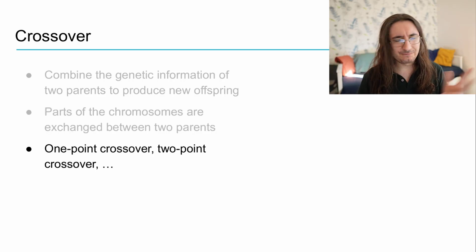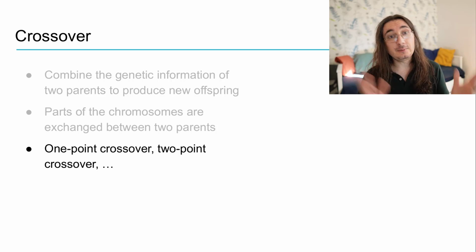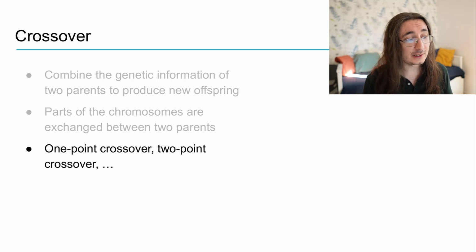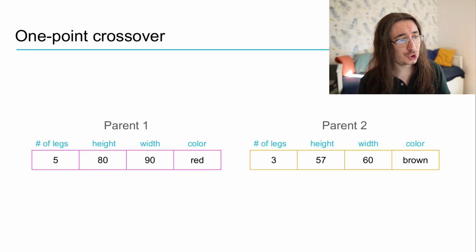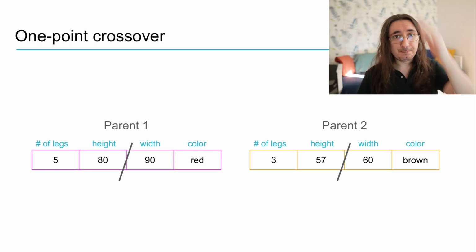There are different strategies for doing this recombination. The two most famous ones are 1-point crossover and 2-point crossover. Let me just show them real quick. So 1-point crossover, you have parent 1 and parent 2. You decide a point where you want to apply the recombination.